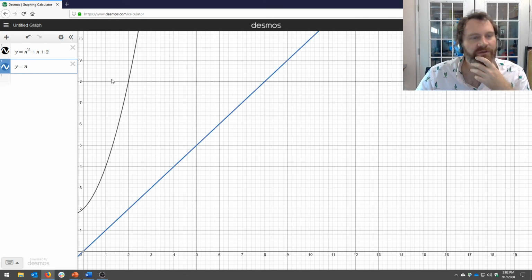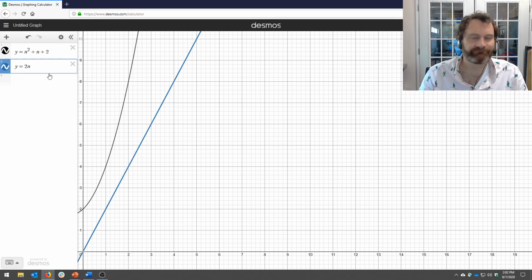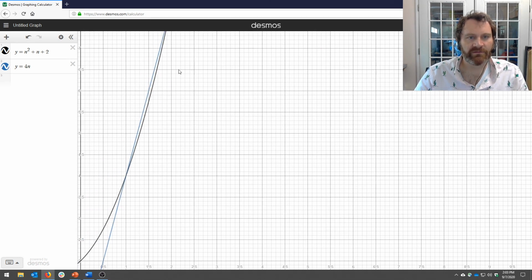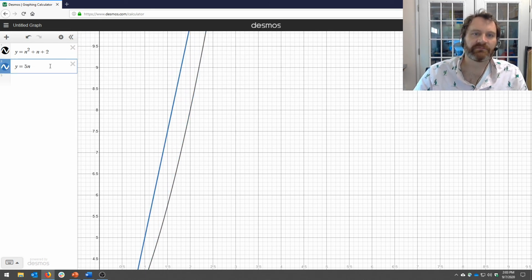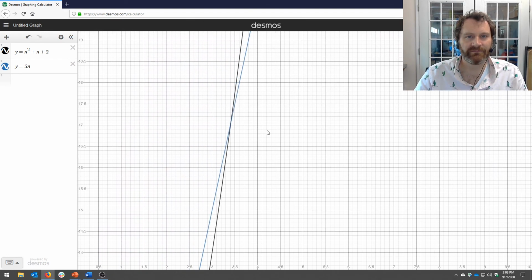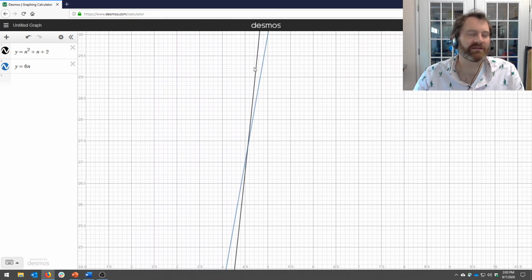That implies that we can find a constant c where this line is going to cross over this one and the black line will never catch up. So let's try c is 2. No. c is 3. No. c is 4. It actually caught up briefly, but then the black line caught up again. How about 5? It overtakes, but the black line overtakes again. How about 6? Blue is bigger than the black line, but the black line wins again.